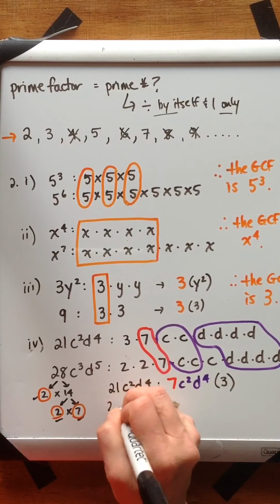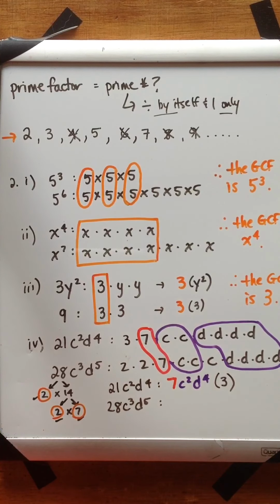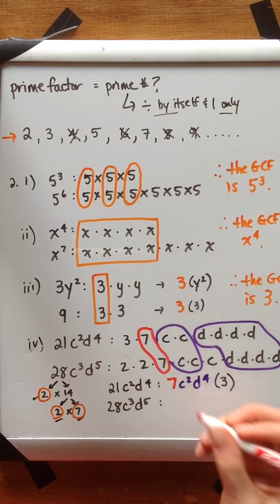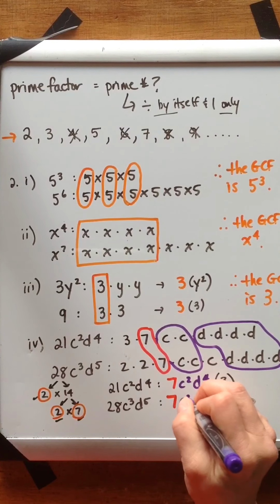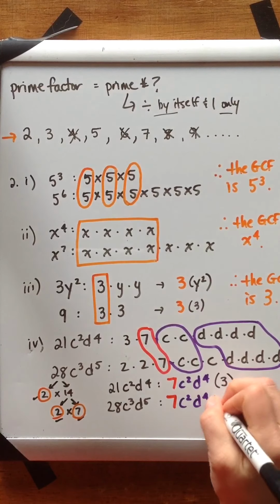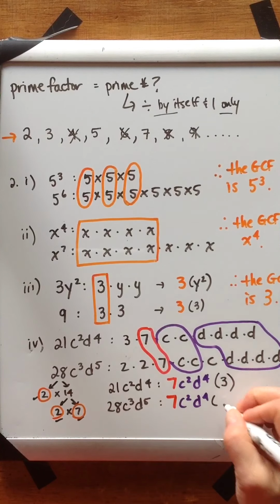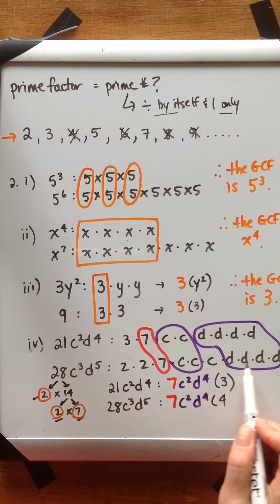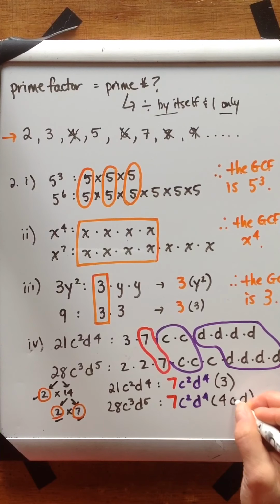Let's do the same thing here with 28c cubed d to the 5th. Let's put the GCF out in front that it shares with 21c squared d to the fourth, which is 7c squared d to the fourth, and let's multiply it by the leftovers that we see here. Well, 2 times 2 is 4, and there's a c, and there's a d.